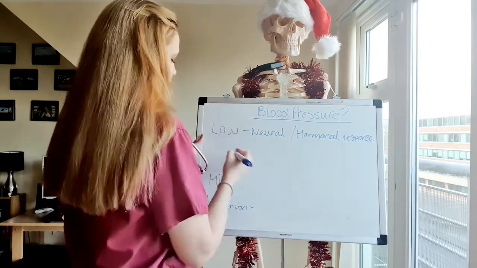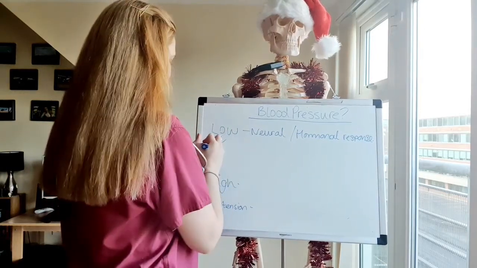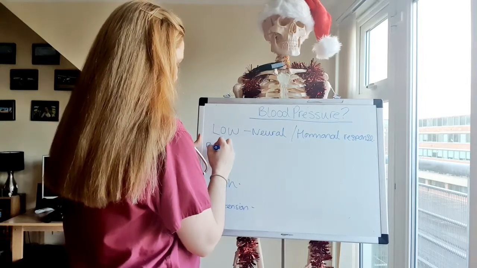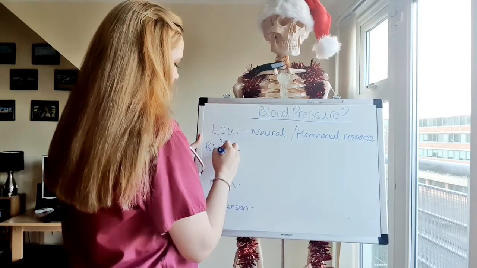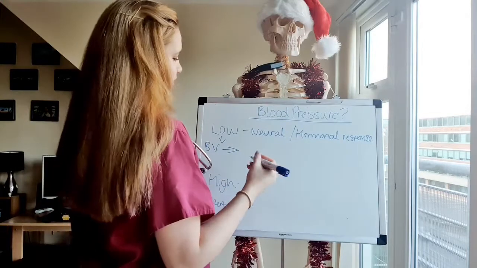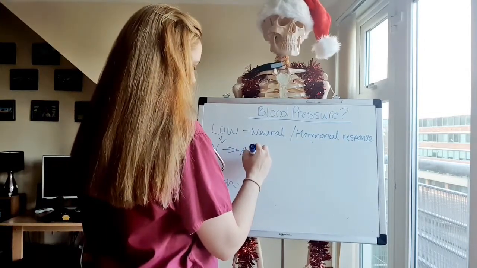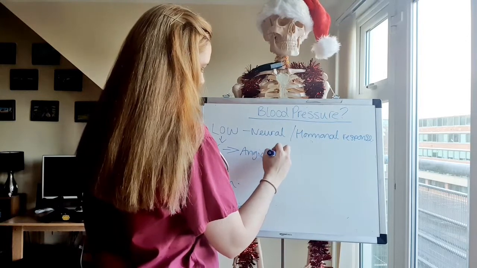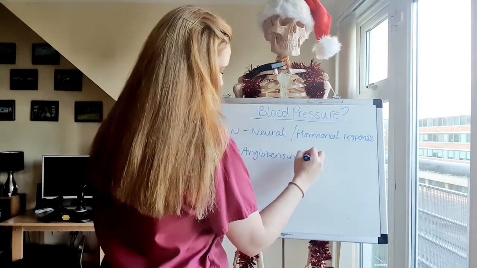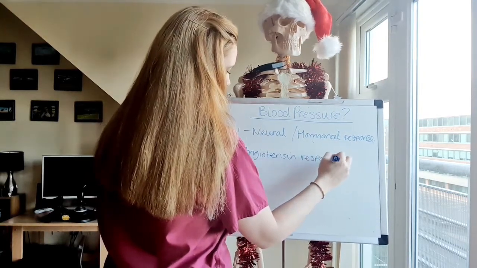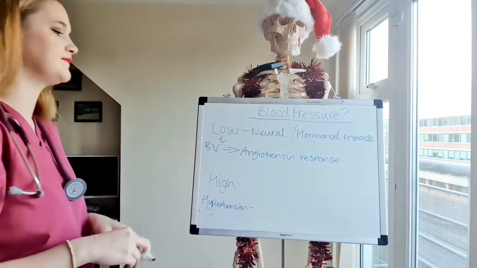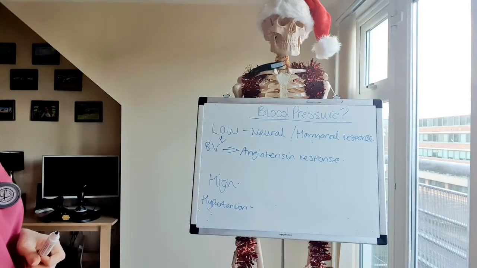If you've got low blood pressure, it means you've got low blood volume. And this low blood volume triggers a hormonal response in the body called the angiotensin response. Okay, and we're going to look at that in more detail.